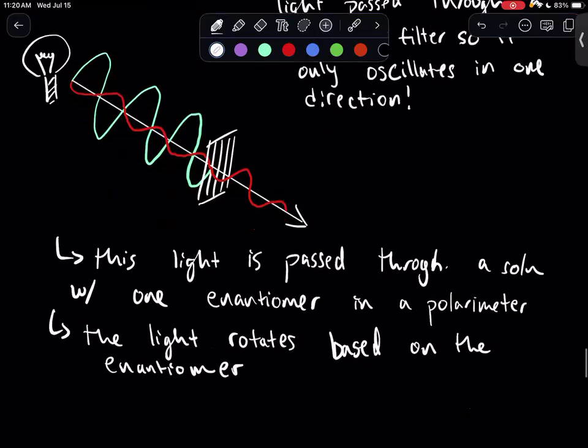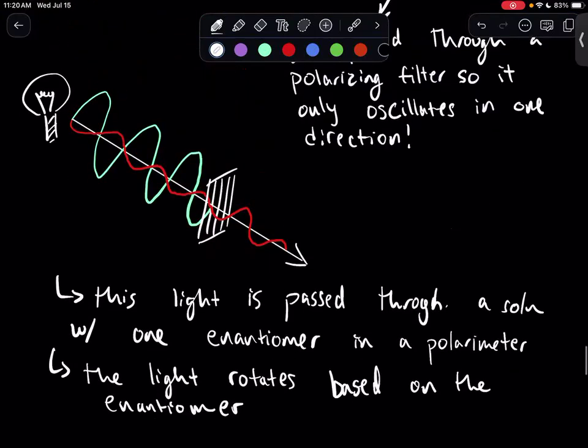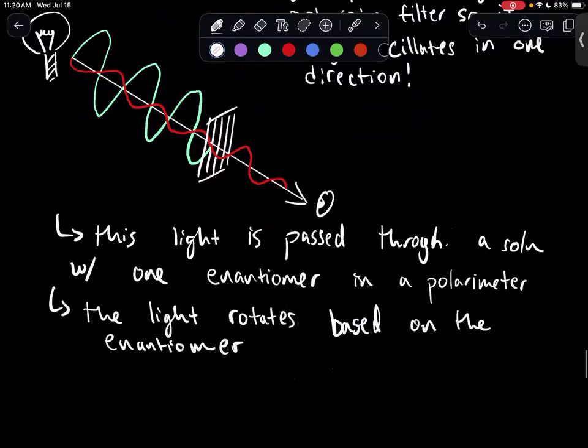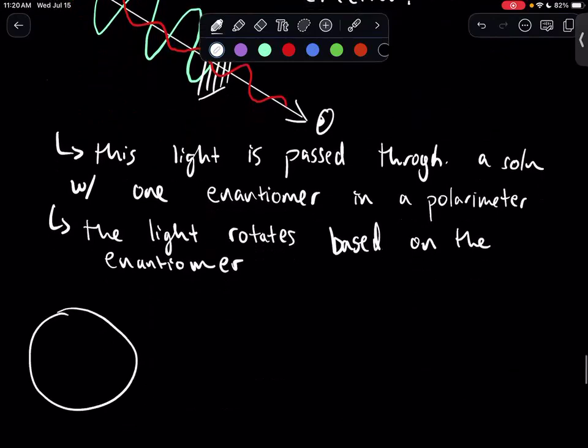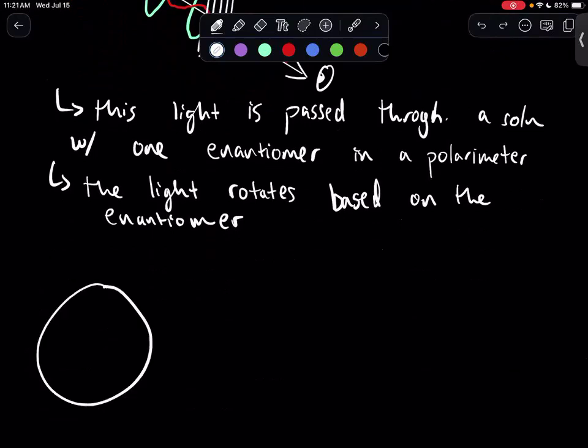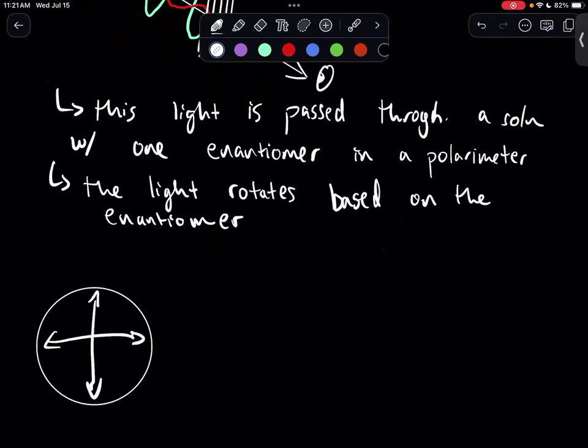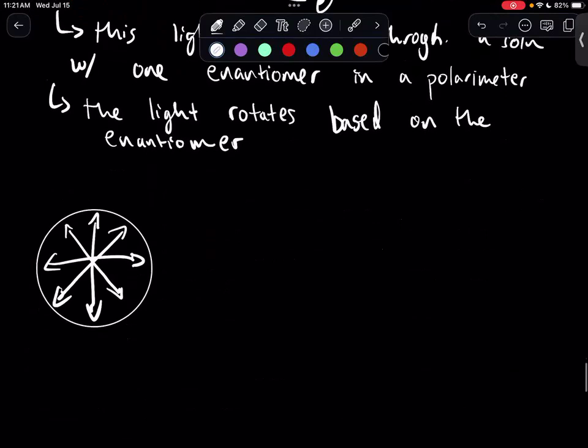So if we look at this light head on, so if we observe it head on, so here's an eye observing the light, we might be able to see something like this. We start with our light in all directions. I'm going to try and just keep this nice and neat. We take our unpolarized light. It is on all planes, on all axes.